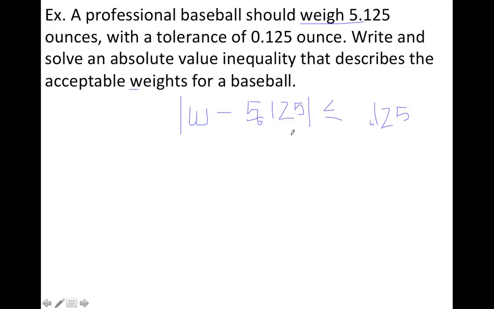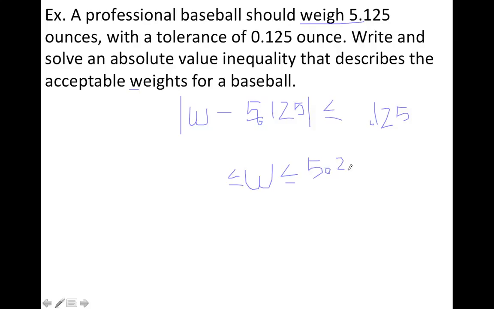And when we write this, notice how we start with a less than sign to start with. So that means we can put our variable in the middle, have our two inequality signs. Notice how when we write our variable in the middle, both your inequality signs have to be going the same way, and we read from the inside out. So our weight should be less than or equal to 5.25.